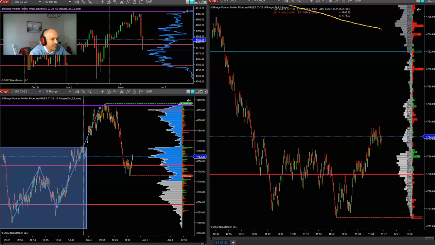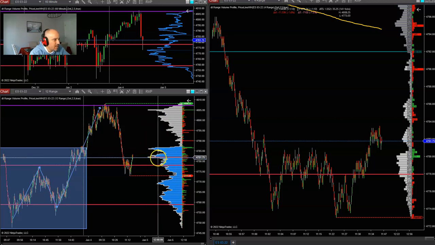Market is just dilly-dallying around right now. We're at the top volume area. That's why it's doing that. Top volume node right here. So it's going to break that.